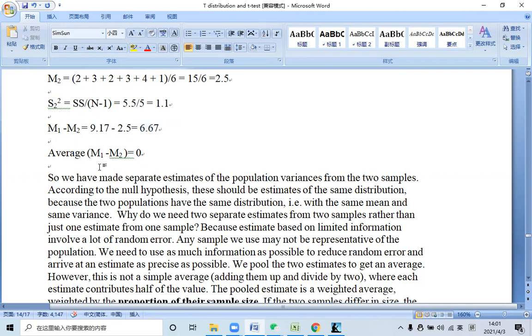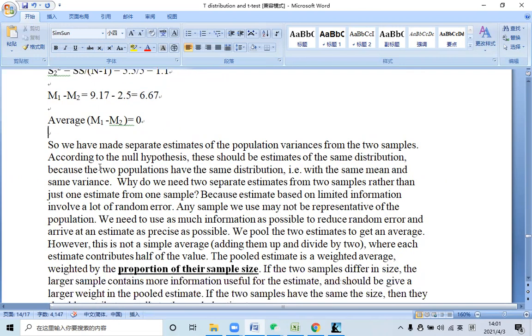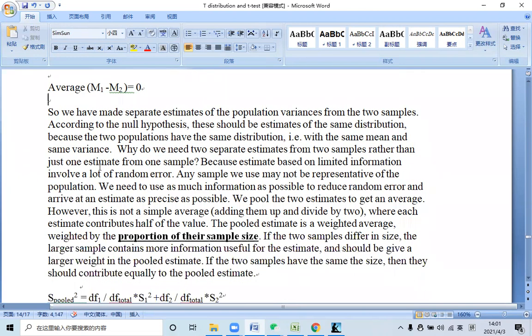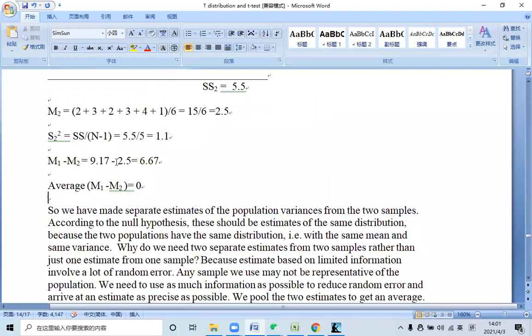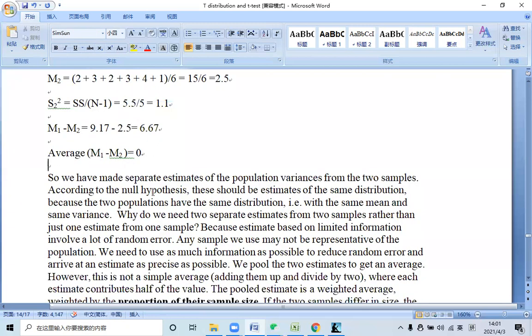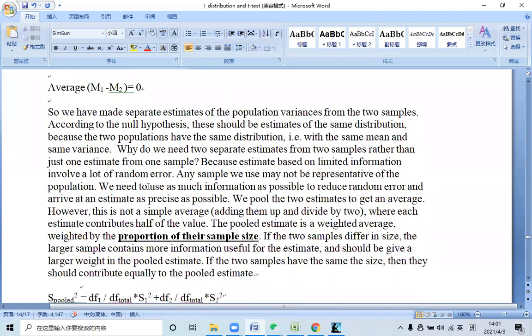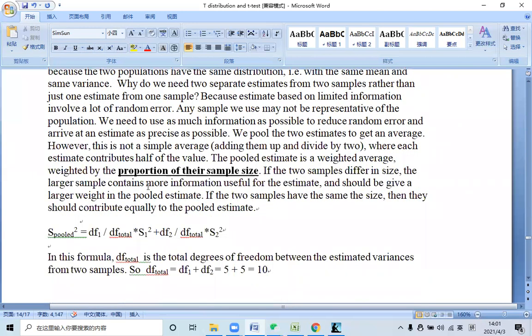Now you need to calculate the t-score. The key feature of the t-score is a standard deviation. Standard deviation is a key thing. In this case, you need to take several steps in calculating the standard deviation.